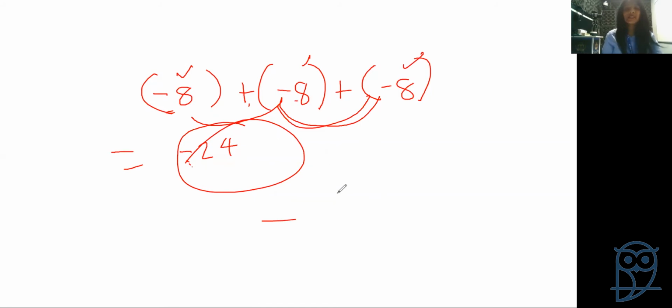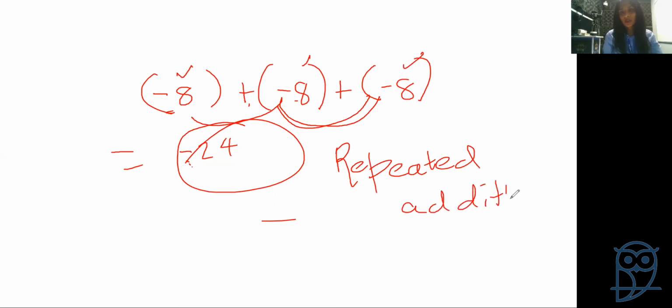What it really is, is what we call repeated addition. Anybody unsure before I move on?